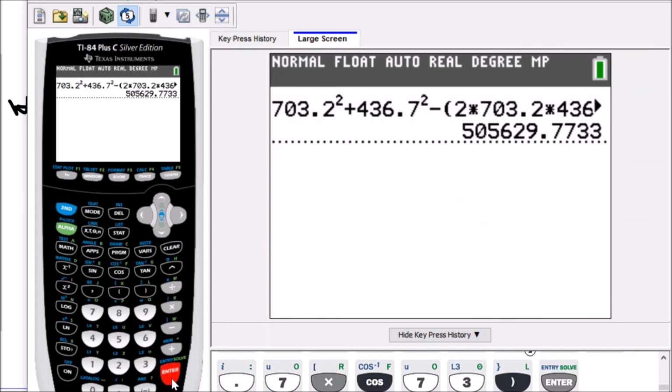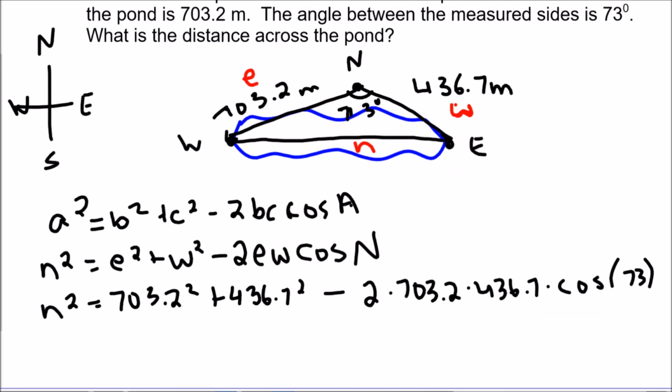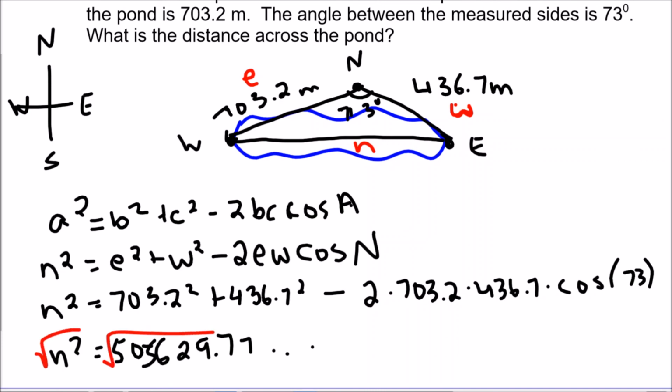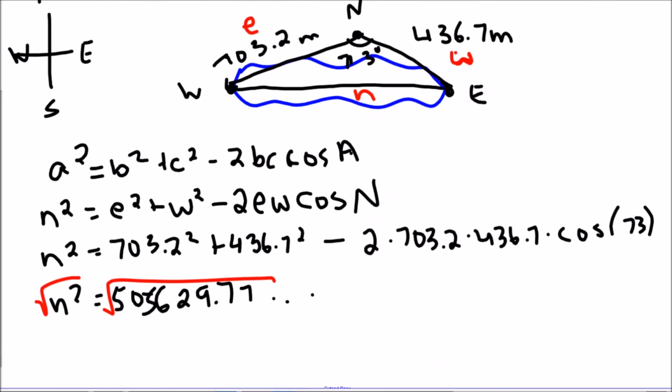So it gives me a very large number, but that's okay. That's my n squared. 505,629.77 dot dot dot. My actual length n comes from square rooting that value.